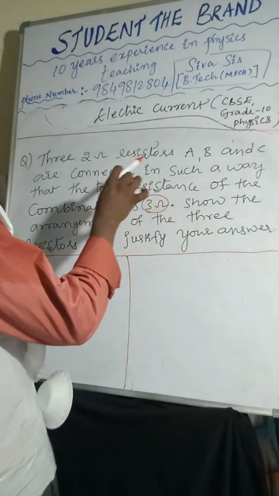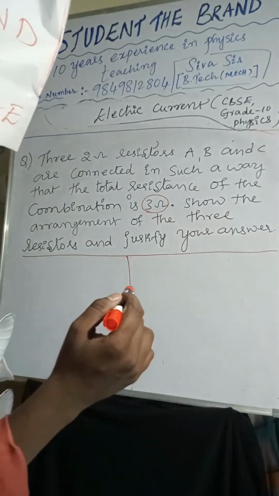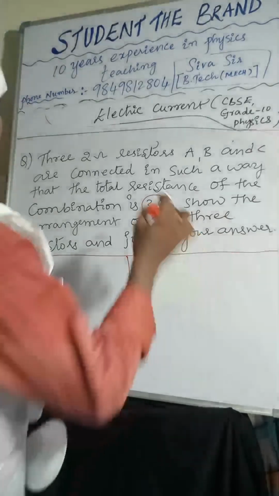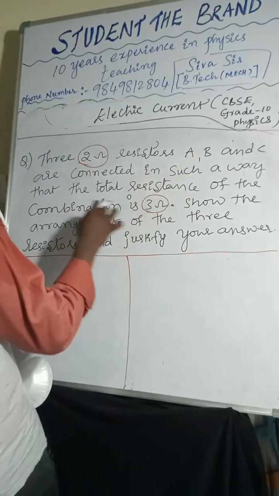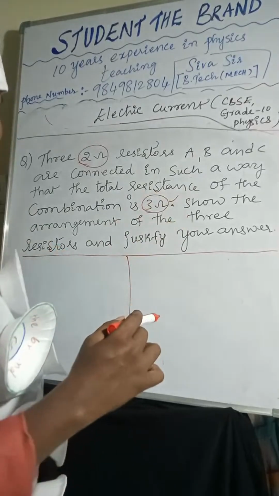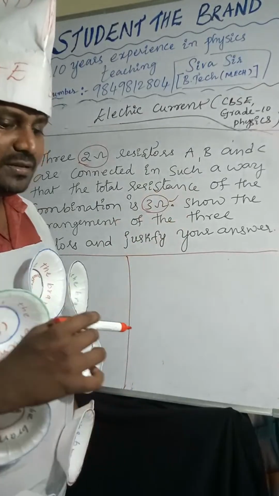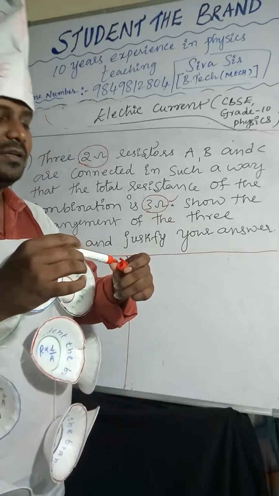Three 2 ohm resistors are connected in such a way that the resistance of the combination must be 3 ohm. Show the arrangement of the 3 resistors and justify your answer. Yeah, correct, very good.